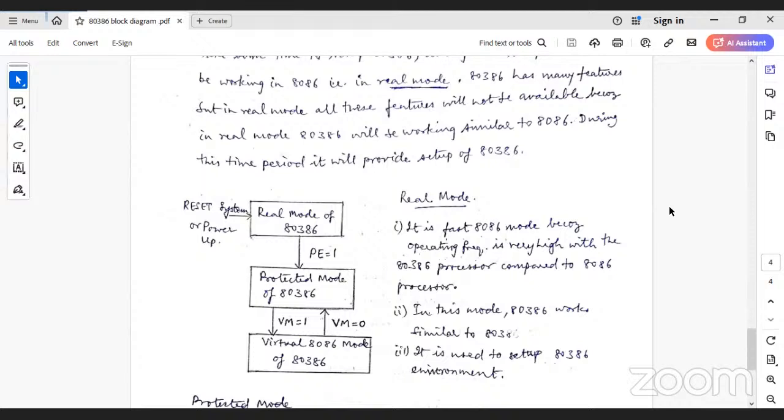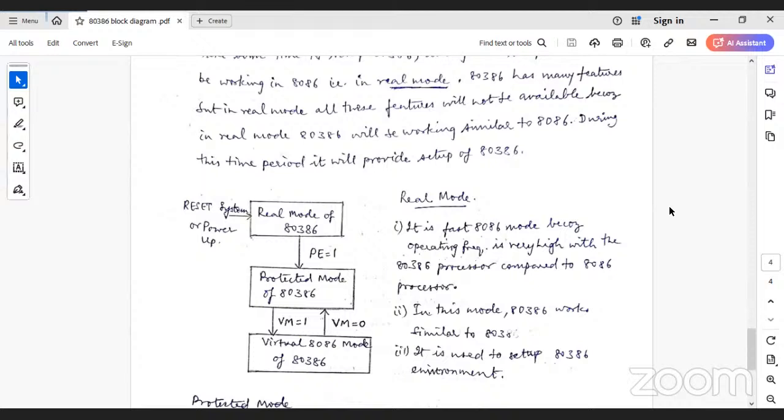Now, once it is set up, automatically the PE bit will become equal to 1. Once your processor is in the 386 environment, the PE bit will become 1.